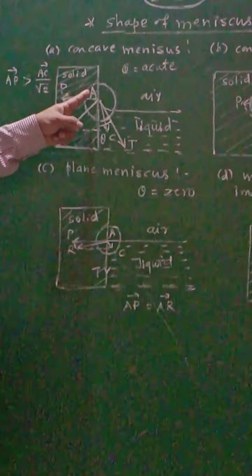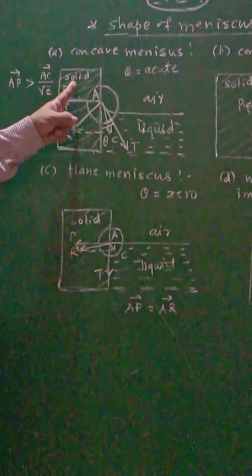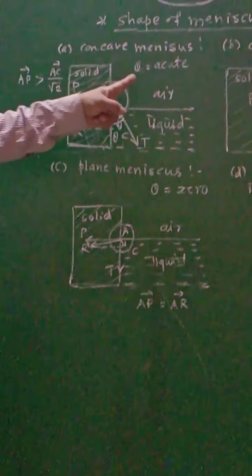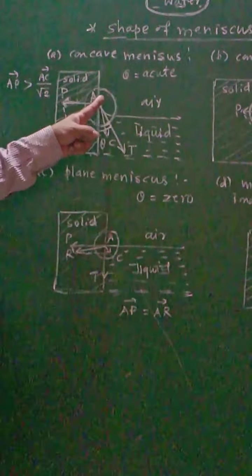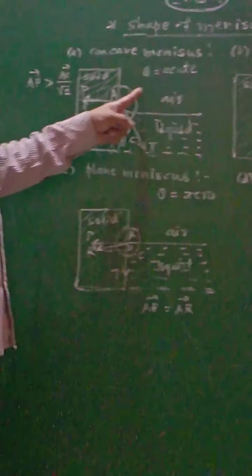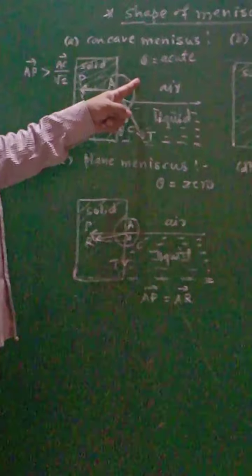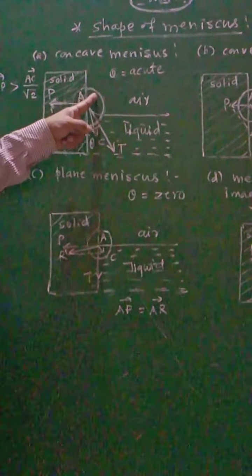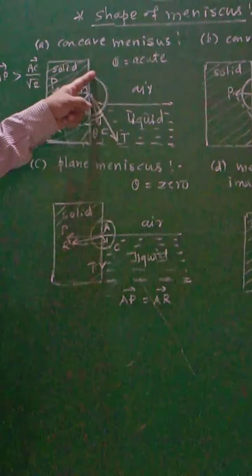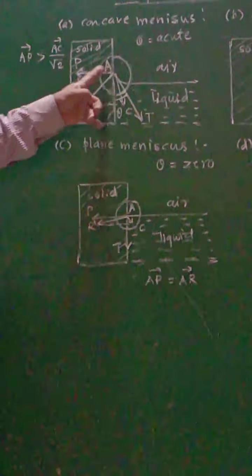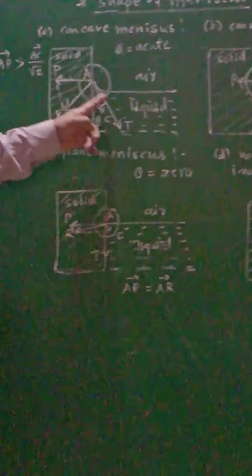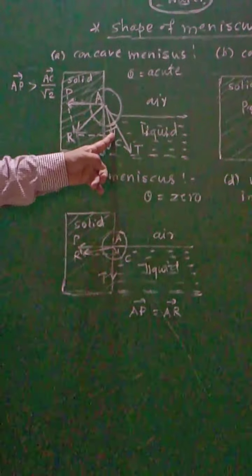AP represents the adhesive force exerted by the solid molecules. Now, adhesive force exerted by air molecules on this molecule A will be negligible because very less number of air molecules will be present in this part of sphere of influence, and therefore only two forces are important, that is adhesive force AP and cohesive force AC.